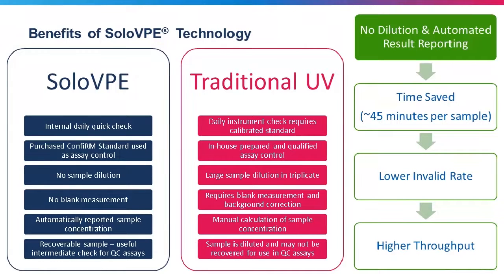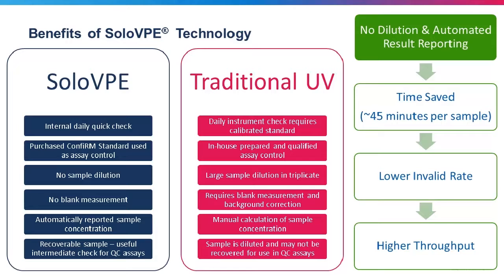Just through the shortened method workflow, we can see many of the benefits of SoloVPE over traditional UV methods. To compare them directly, both methods would require a daily instrument check. However, the SoloVPE contains an internal daily check that automatically populates a pass or fail result, whereas traditional UV methods typically require calibrated standards.